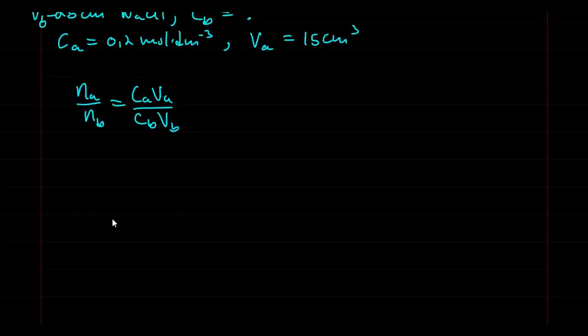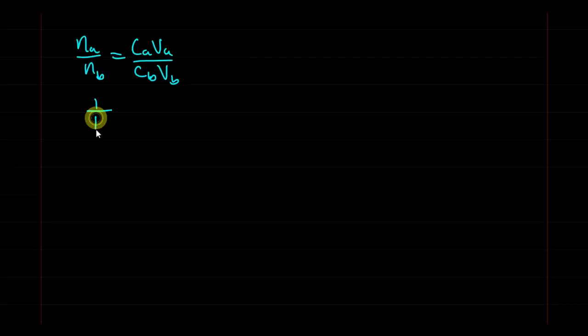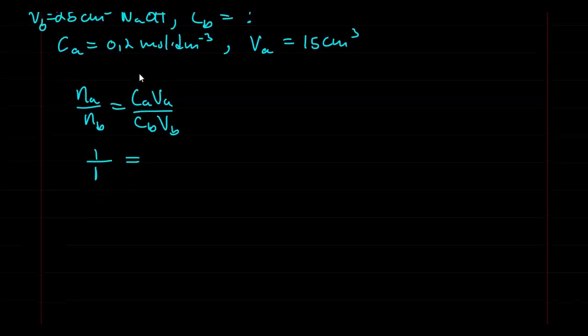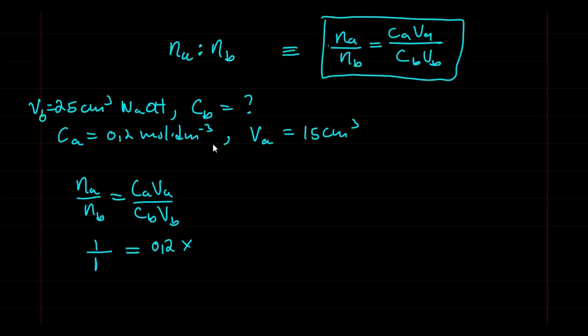So I put 1 over Nb, which is also 1, equal to Ca, the concentration of the acid, 0.2, multiplied by Va, the volume of the acid, divided by 1000, which is 0.015, divided by Cb, which we are looking for, multiplied by Vb, 25 divided by 1000.